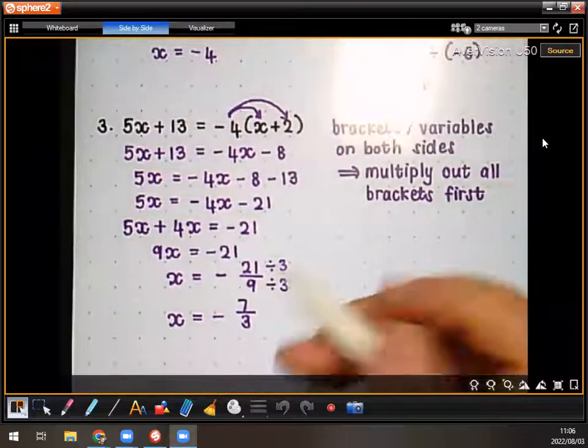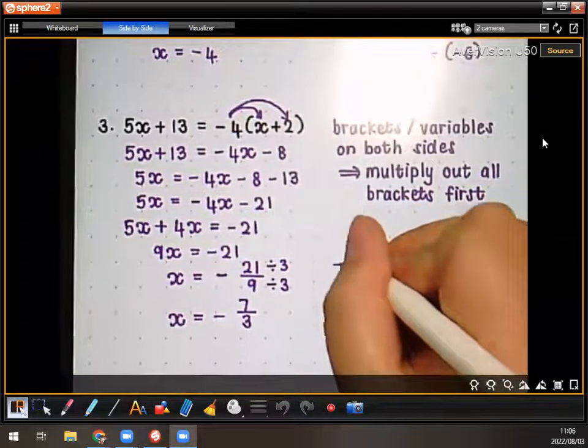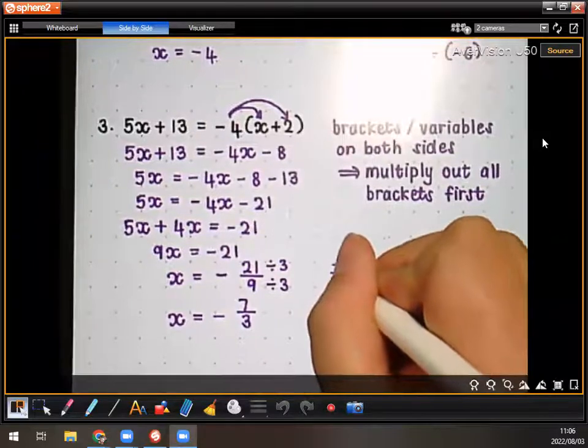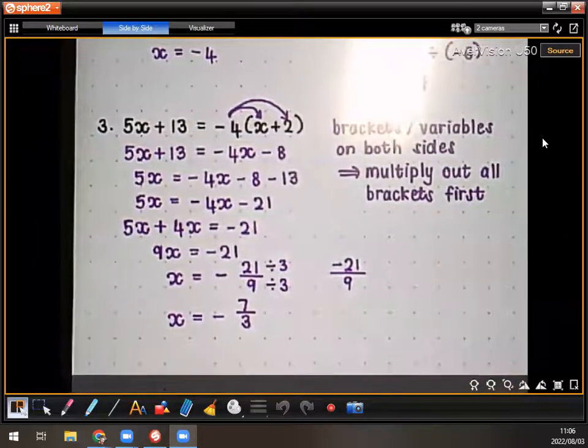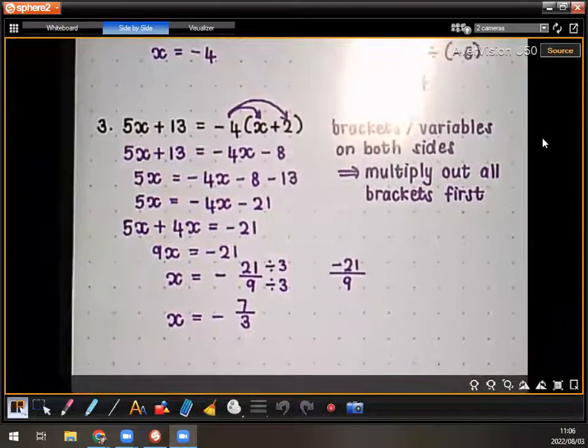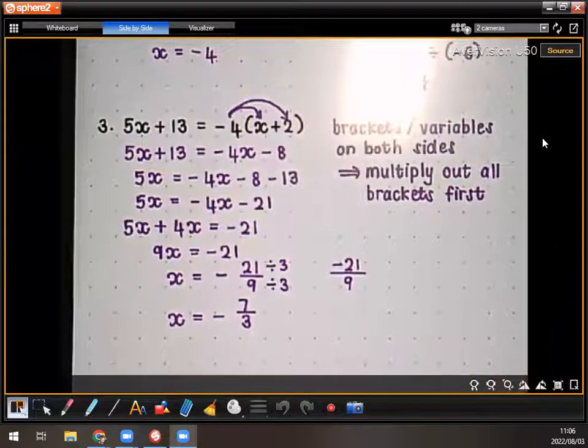It's fine if for this line, if you write it as negative 21 over 9. Okay, any questions on this one?